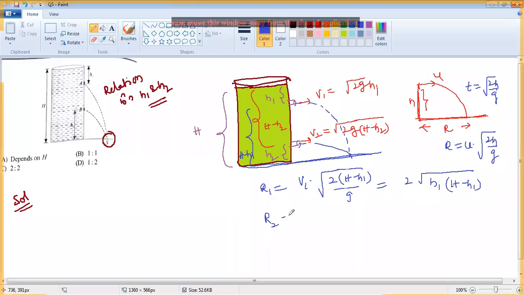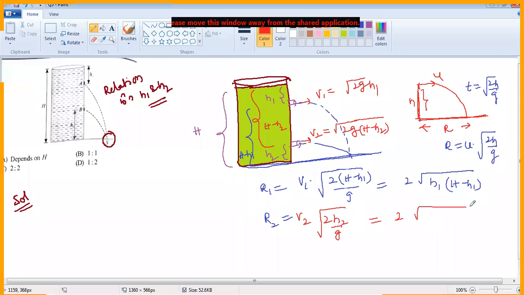Exactly, you can go to R2. R2 equals v2 into root over 2 into the height it is falling from, H minus h2, by g. With v2 equal to root of 2g h2, that is 2 into root of h2 into H minus h2.